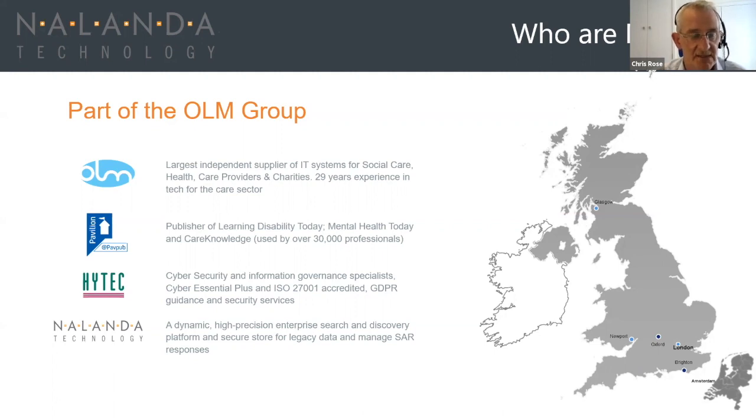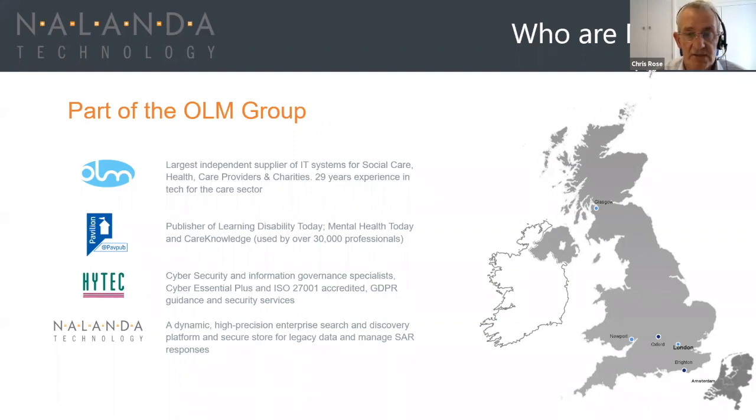Finally, we have two aspects of the business that are relevant to the solution I'm going to show you today. That's High Tech, which is our cybersecurity and information governance team, and they make sure that everything we do is GDPR compliant. They are Cyber Essentials Plus and ISO 27001 accredited, so they hopefully know what they're doing with the technology. And the last one on the list is Nalanda Technology, and we are the business who have designed the search and discovery platform.